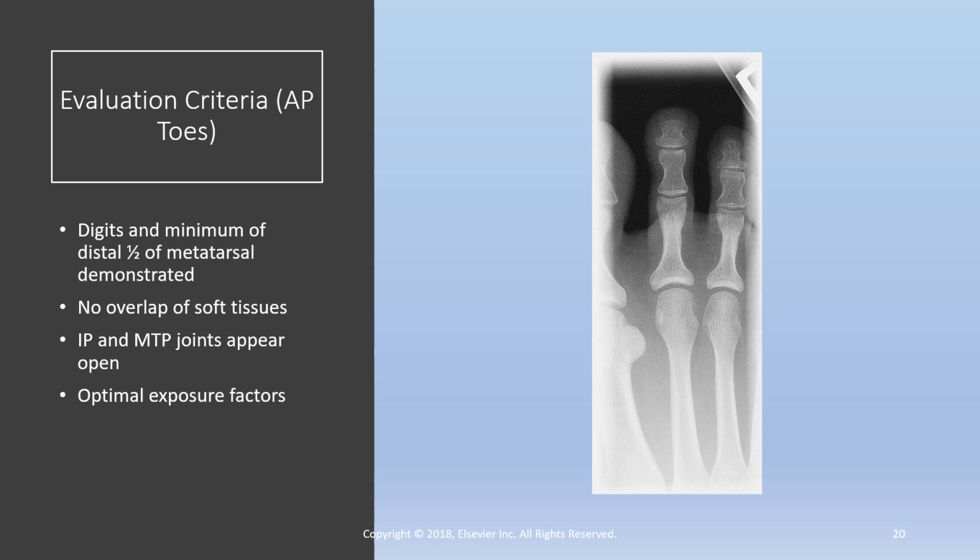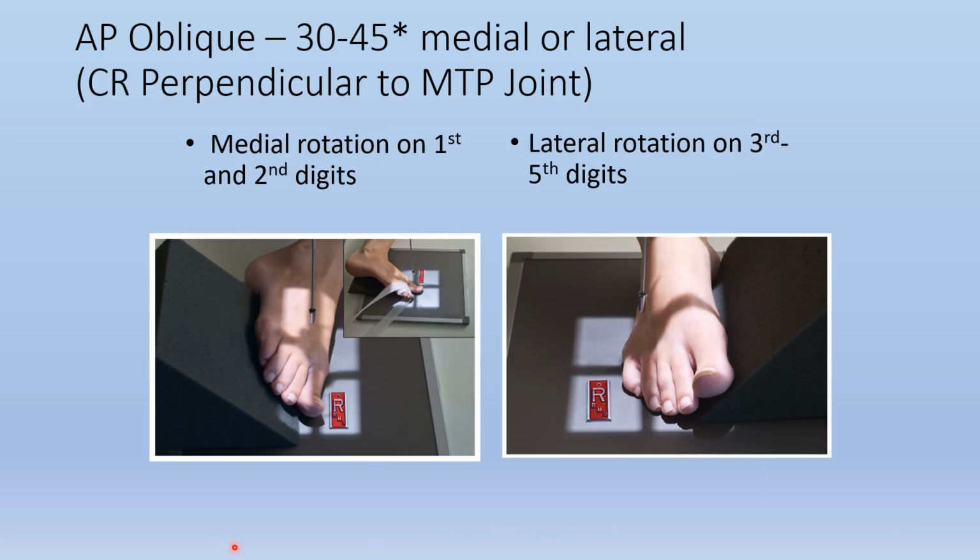After you do an AP of the toes, we're going to do an oblique, and it's 30 to 45 degree oblique, and it's going to either be medial or lateral rotation. Remember, with all the obliques, it's always a degree and a direction.